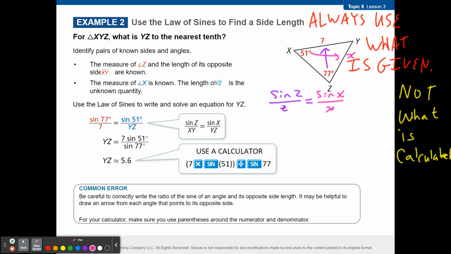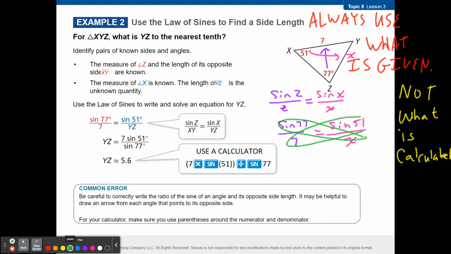So there's little x. Now when I substitute this in, this will be the sine of 77 degrees over 7 equals the sine of 51 degrees over x. So we know what we're solving for.